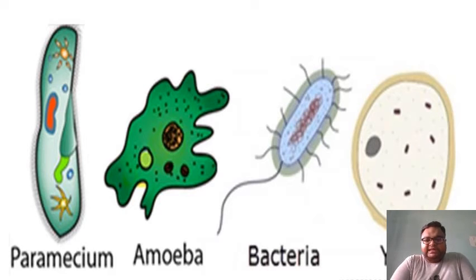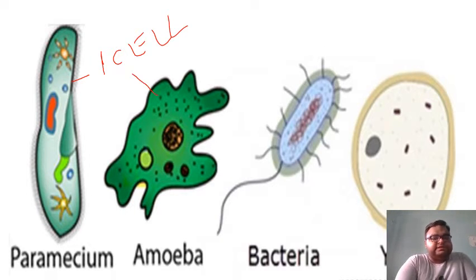Now students, here are some organisms shown in the slide. Can you see these organisms? There is a paramecium, there is an amoeba, there is a bacteria, there is a yeast. Is there something which is common in every image? Who will tell me? It is also made up of one cell.